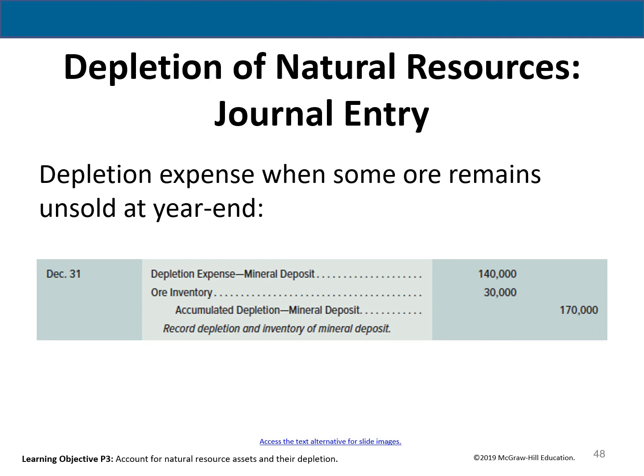For the remaining amount, the assumption is there's so many tons of ore left times $2, the ore inventory asset would be debited for that amount.